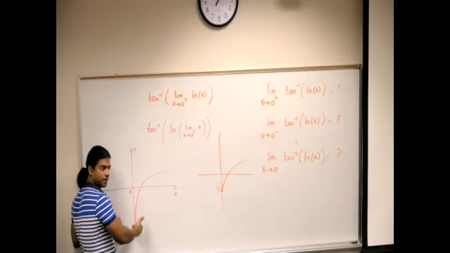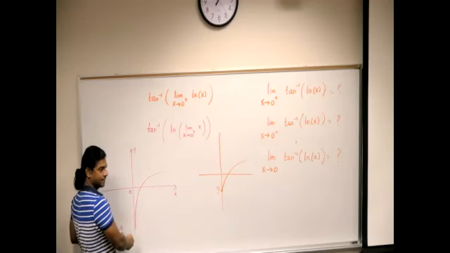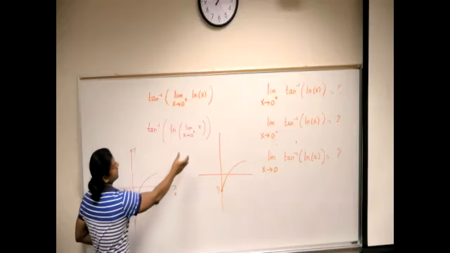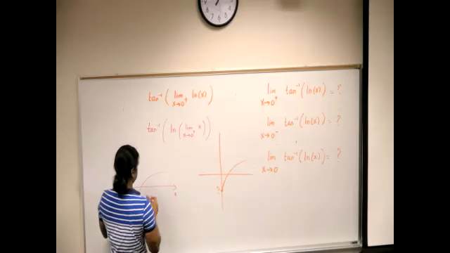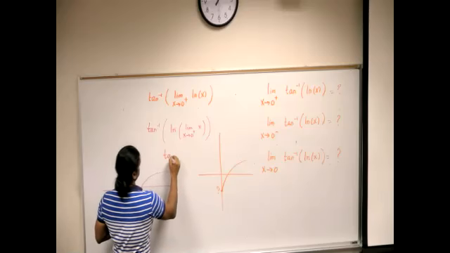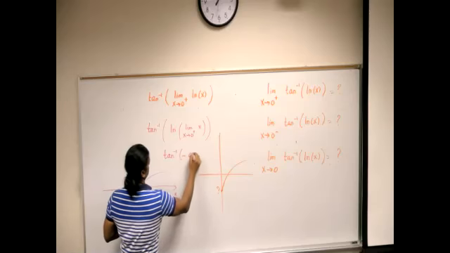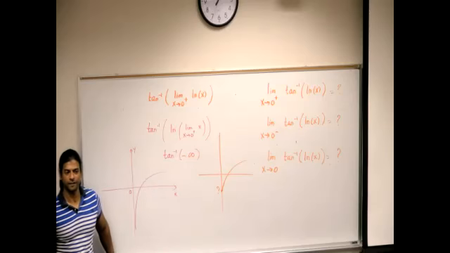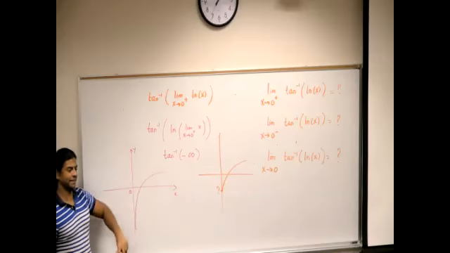It is going toward negative infinity in the limit. Yes. So the limit of natural logarithm is negative infinity. So we've got an infinite limit.